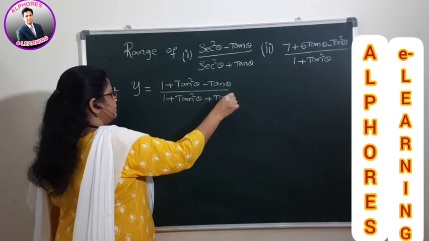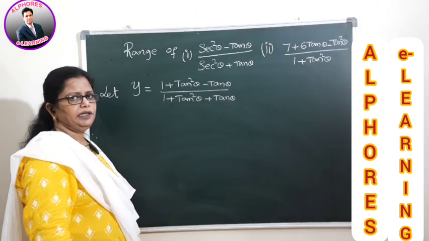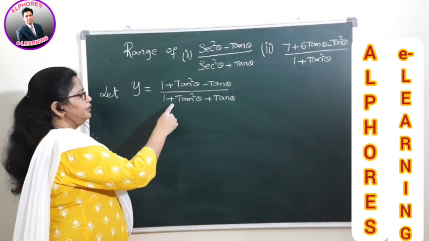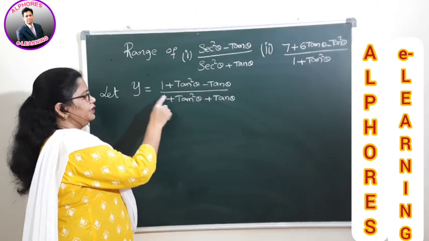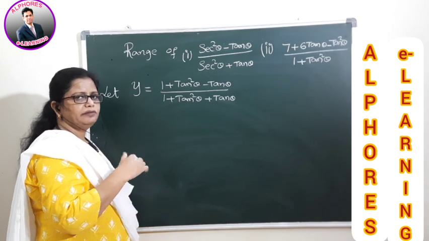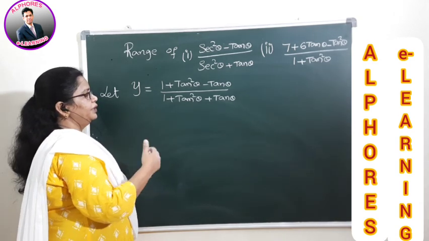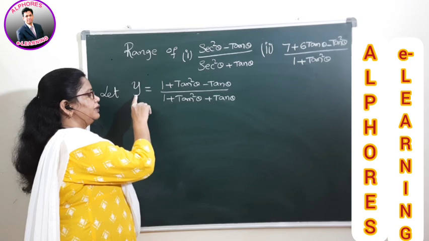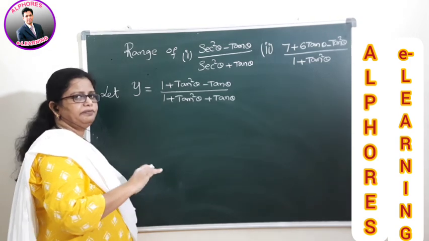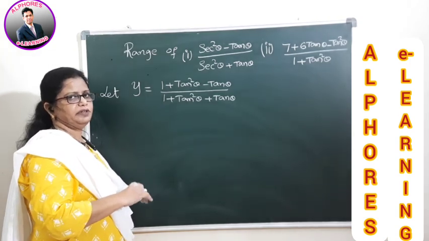Now you can observe clearly it is a quadratic in tan, right? We want to consider y like this because we want to take a quadratic in tan function, and using the tan function we can find the y value. Finally, the interest is in the y values.